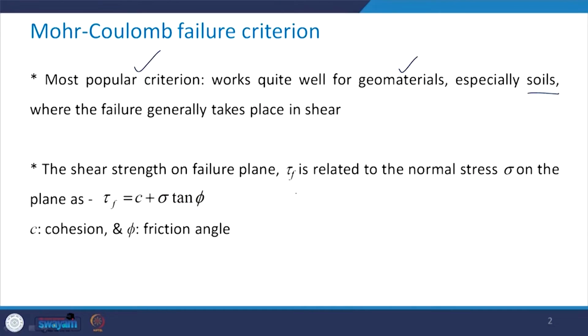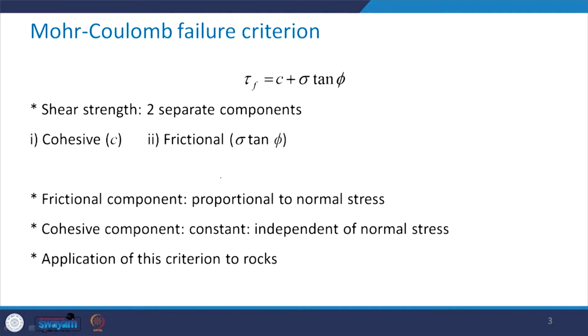As per the Mohr-Coulomb failure criterion, the shear strength on the failure plane, represented by tau f, is related to the normal stress sigma on the plane by the expression tau f equals c plus sigma tan phi, where c is the cohesion and phi is the angle of friction, or angle of internal friction.